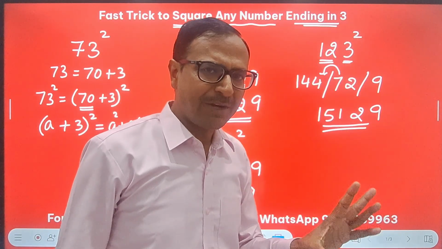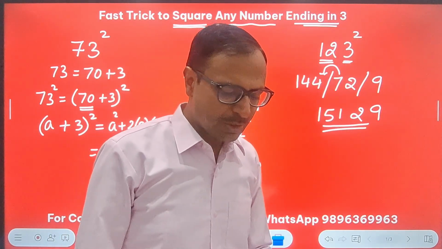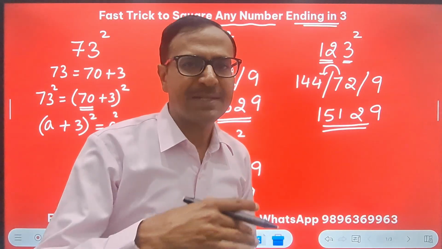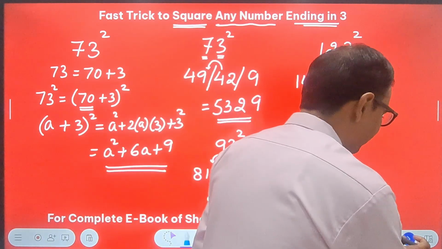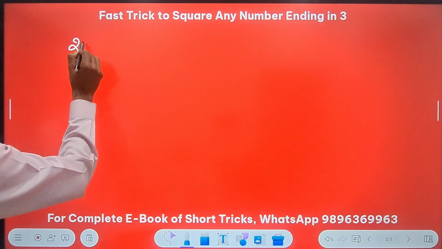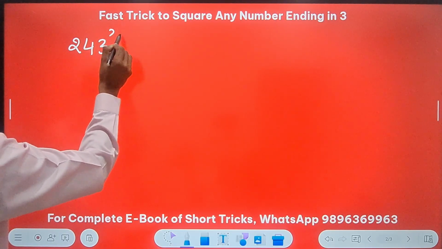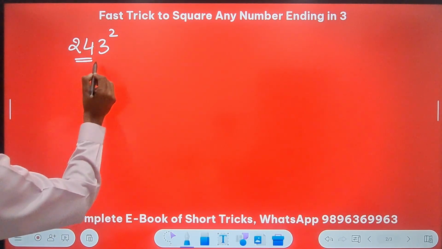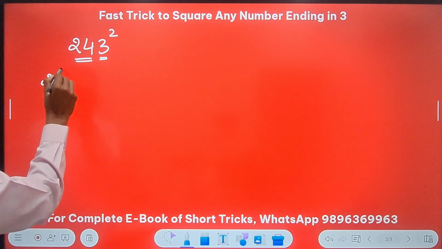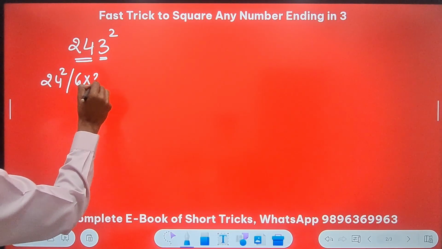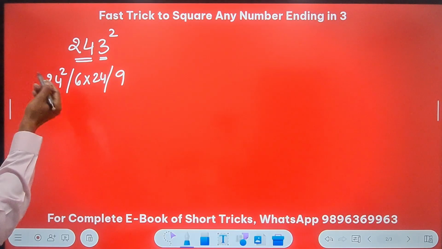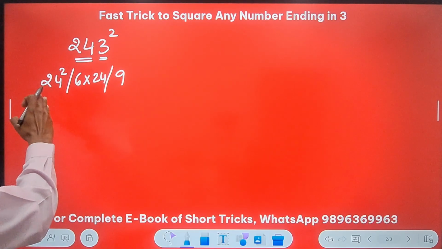Now, does it work every time, or do you need some special competencies to get to the correct answer? Let's see in subsequent examples. Let's expand the trick to some higher numbers like 243 square. Now a is 24 and b is 9 obviously. So I need a 24 square, I need a 6 times 24, and finally we need a 9. So 24 square, if you don't know 24 square, you should know the short trick.